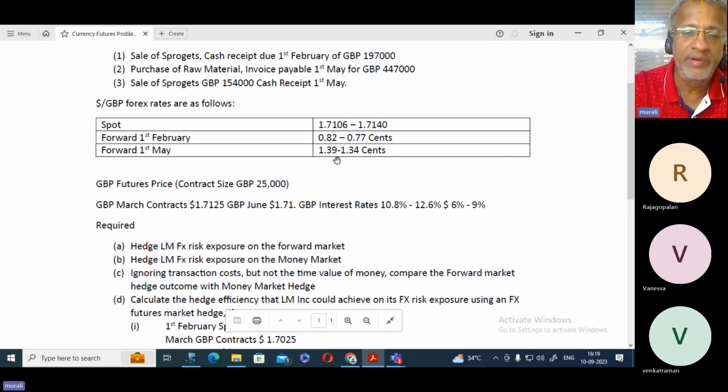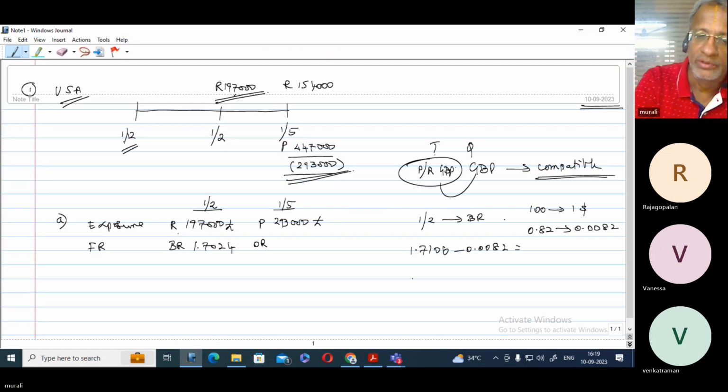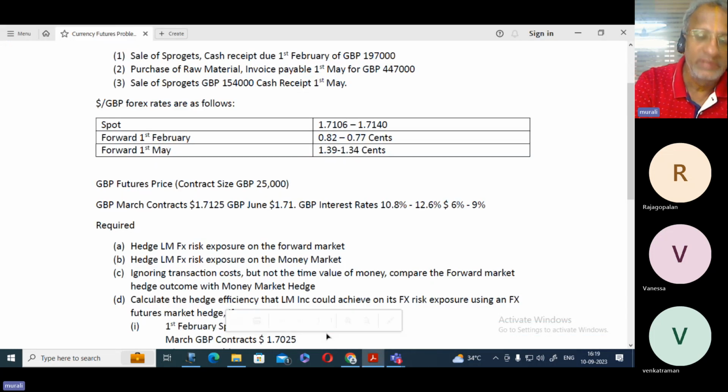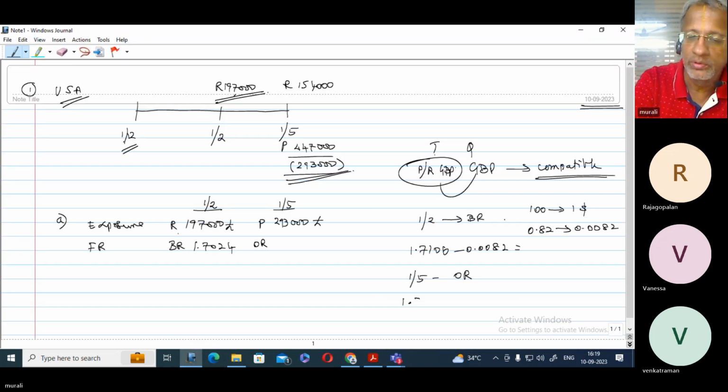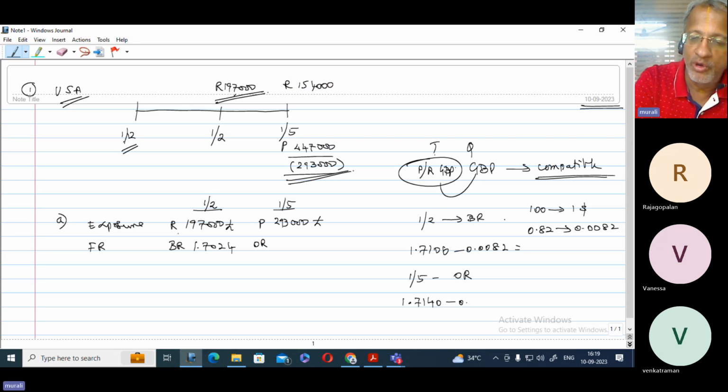Then let us just proceed for 1st of May. Once again, it is discount swap points, but in the offer we are expected to take up. So 1st of May, 1.7140 minus, on the same lines we are expected to do, but in this case, it is 0.0134.